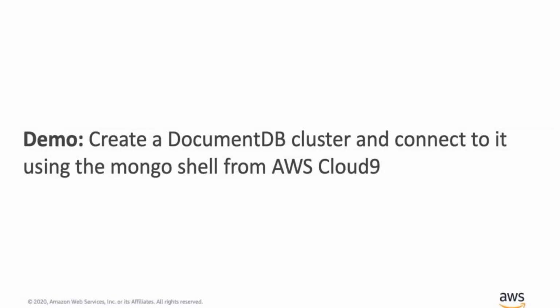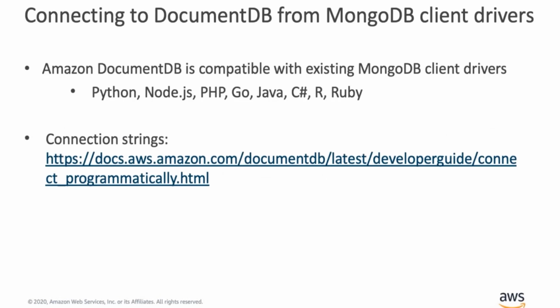All right, moving on. In addition to connecting from the shell, we often get questions from our customers on how they can connect to DocumentDB from programming languages, such as Python, Node.js, PHP, etc. DocumentDB is compatible with existing MongoDB client drivers for all popular languages. And we document the connection strings in our docs.